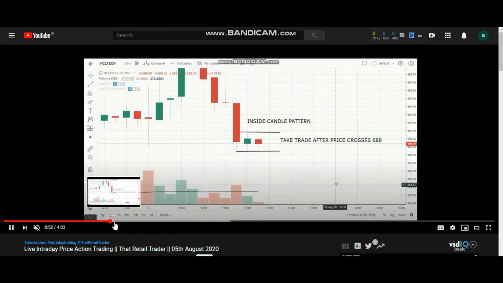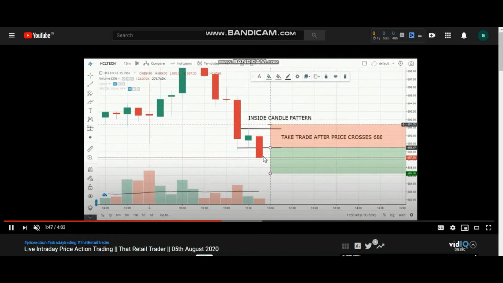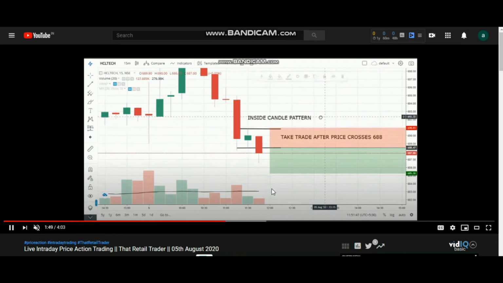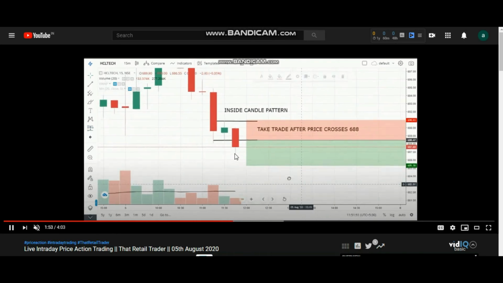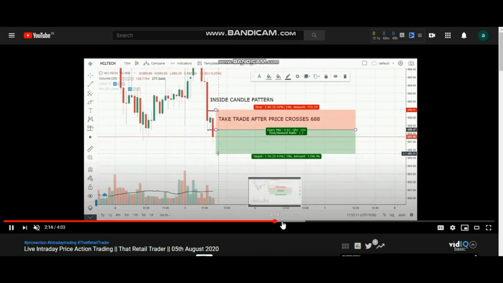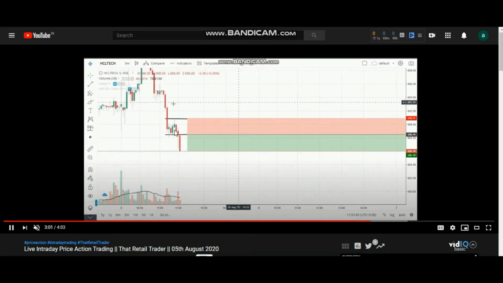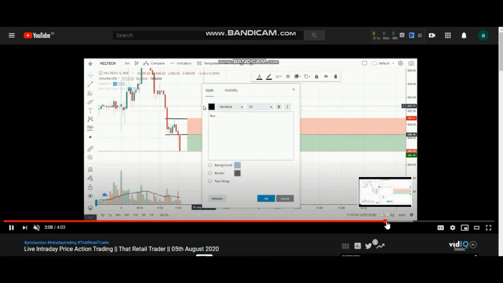So let me fast forward this. Here we can see it gave a breakdown, a proper inside candle pattern. The target will be double that small doji candle. We can see here we have reached the target, double that small doji candle.